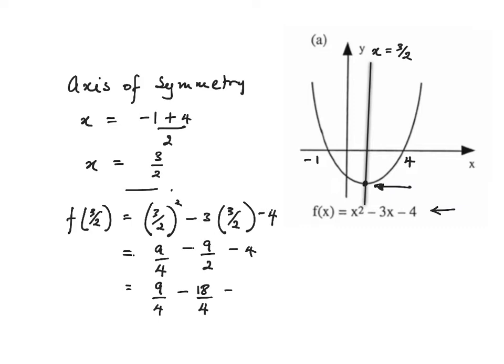Multiply top and bottom by 4. That's minus 25 over 4. So the minimum turning point occurs at 3 over 2, minus 25 over 4.